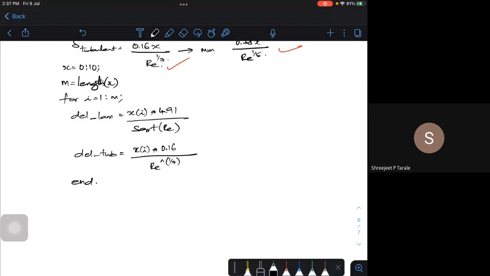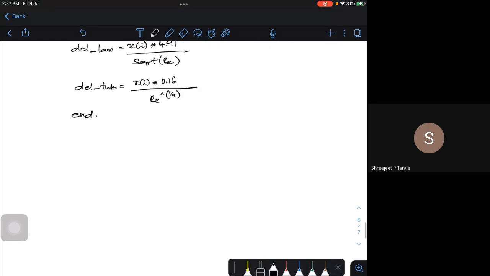I am going to use the plot command: x comma del_laminar. This is for one plot, for the laminar, let it be k, black color. Then I can use hold on, then plot x comma del_turbulent.